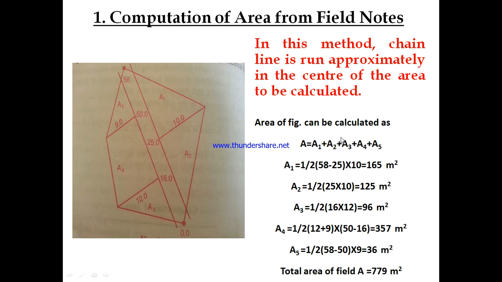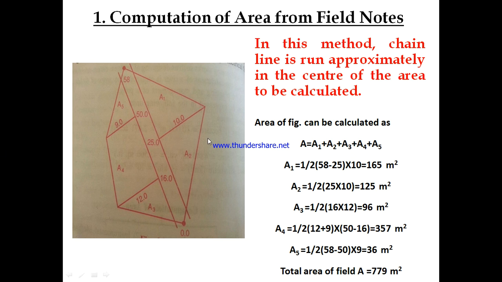Then we calculate the total area by adding all the areas. So here area A is the summation of A1, A2, A3, A4 and A5. One by one we will calculate the area for all of them. For example, you can see that A1 is a perfect triangle. So what will we do? We will calculate A1 with the help of the formula 1/2 times base times height.